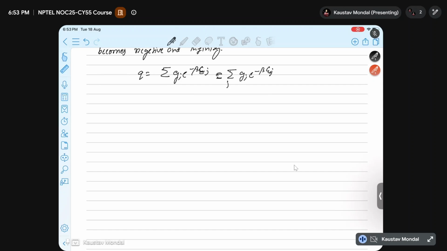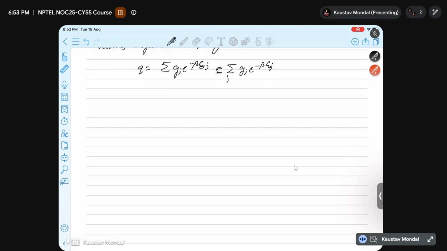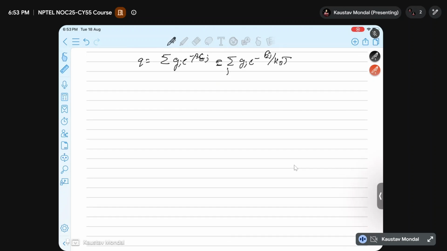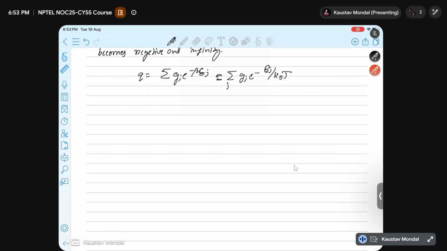Beta we can write as 1 by kBT, so ej by kBT. Since we are varying the temperature, it's better to write this expression in terms of temperature, not in terms of beta.